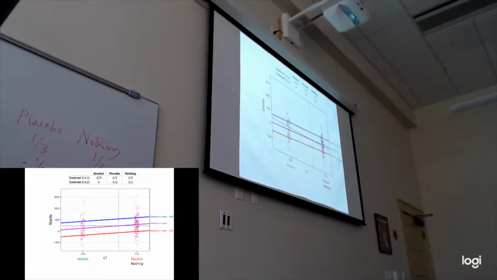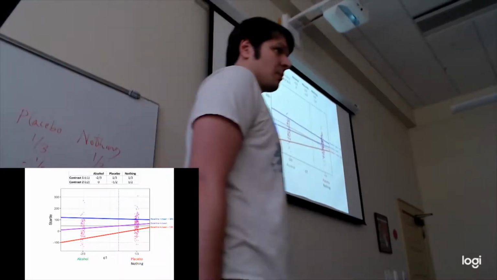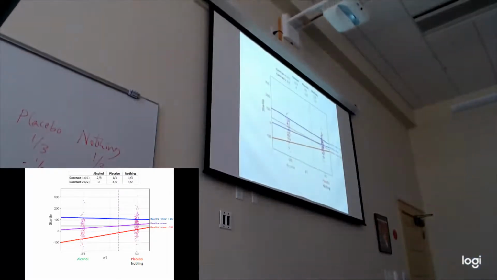So what changes here is that whereas before all the lines had to be parallel, now I've allowed them to not be parallel. You can think of that as the constraint that we're relaxing in our model. Before we assumed parallel lines, now we're allowing the lines to not be parallel.